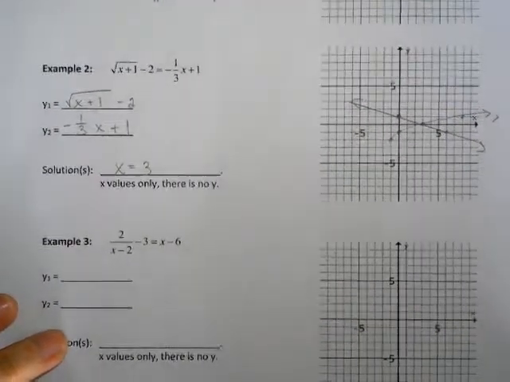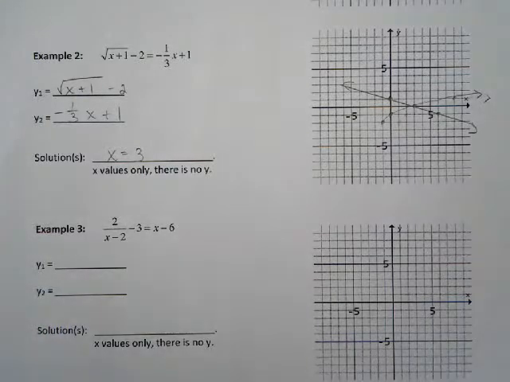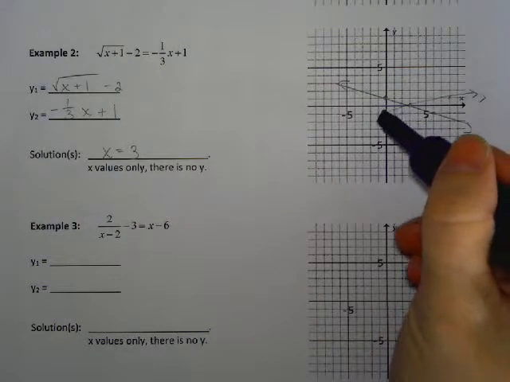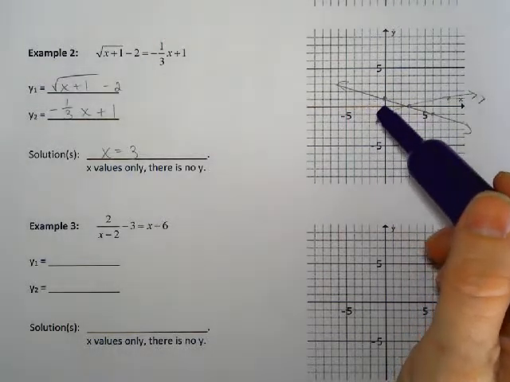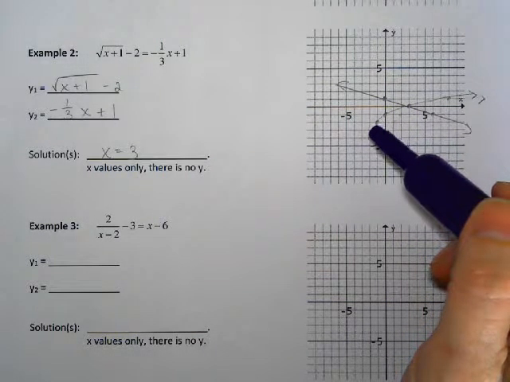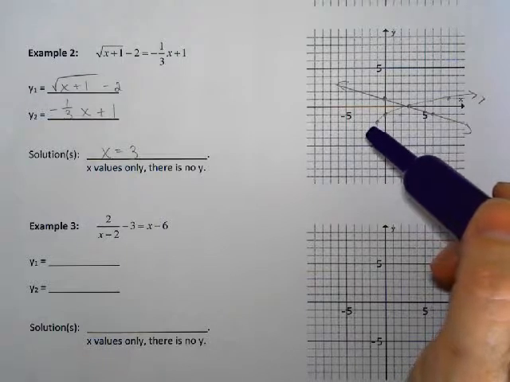So on the next one, we have the square root of x plus 1 minus 2. That means we take our normal square root that starts at 0, 0, and we move it left 1 because of the plus 1, and then down 2 because of the minus 2.